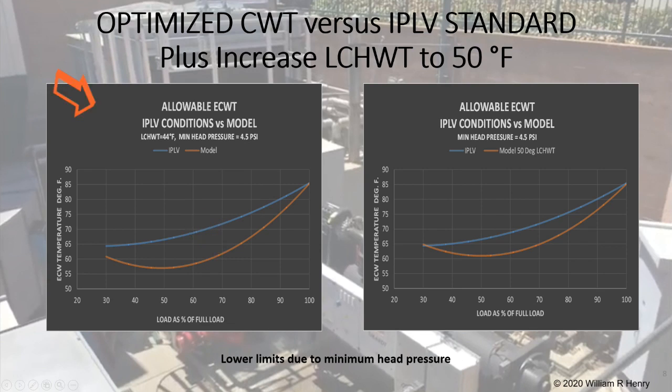In the first chart, the leaving chilled water temperature is 44 degrees Fahrenheit for both profiles, AHRI and the chiller. In the second chart, the leaving chilled water temperature is 50 degrees Fahrenheit for the chiller. Thus, the AHRI profile works in both situations.